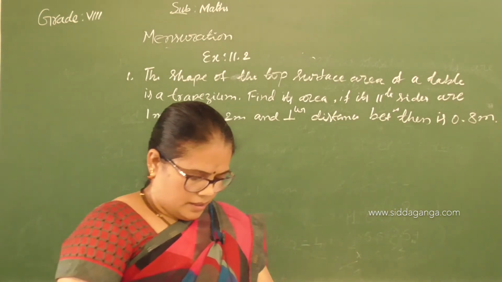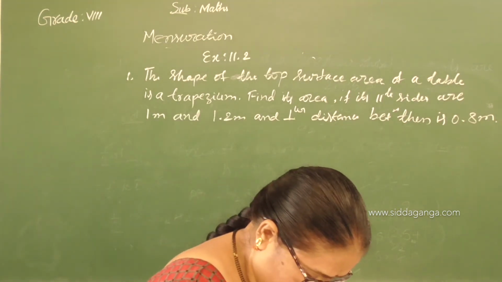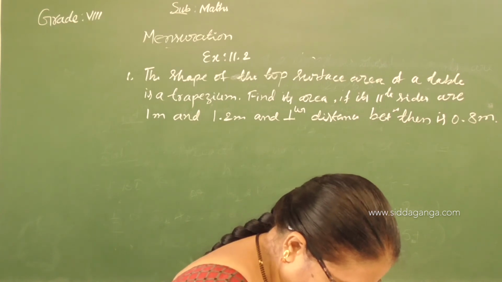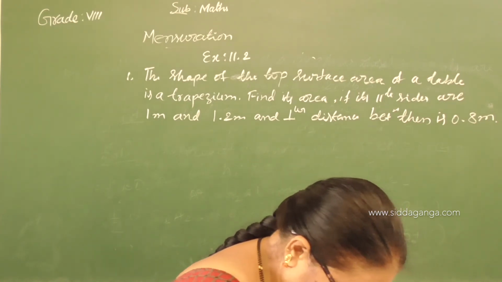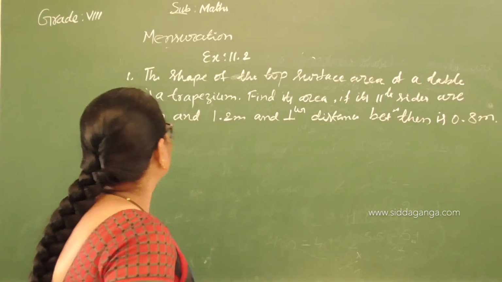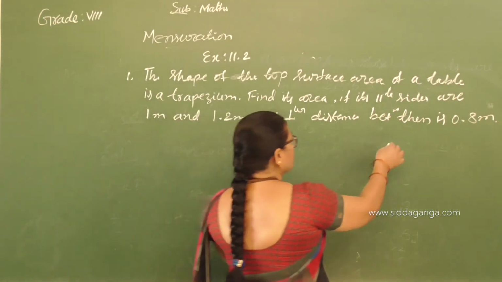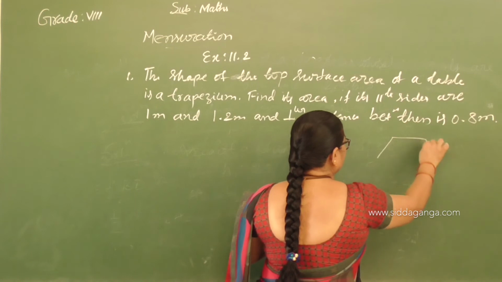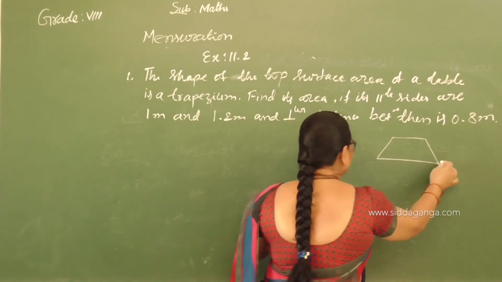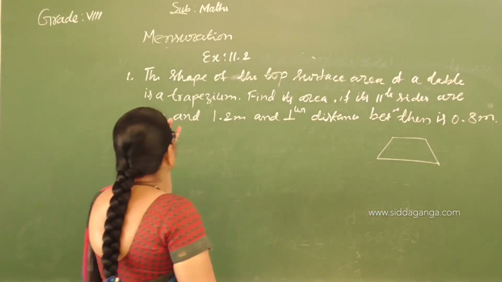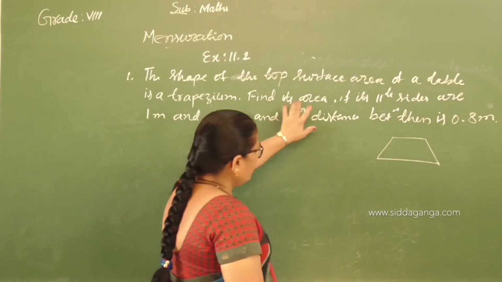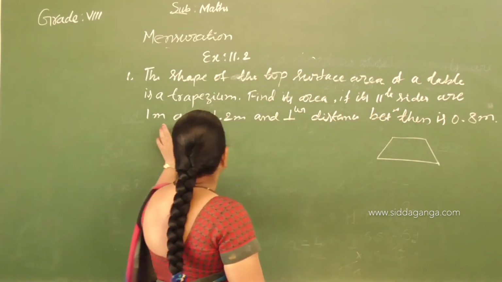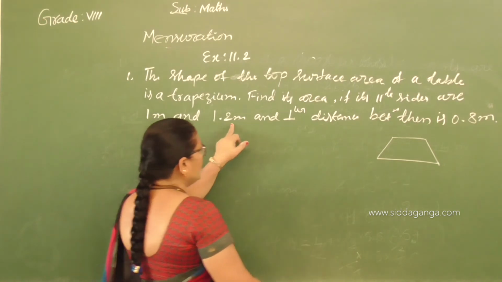Here the shape of the table is in the form of a trapezium. Top surface area of the table is in the form of a trapezium. Find its area if its parallel sides are 1 meter and 1.2 meter.